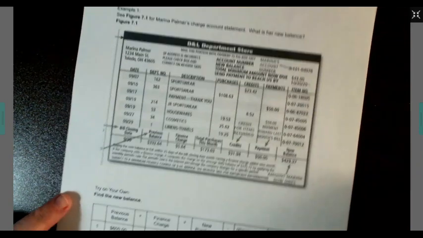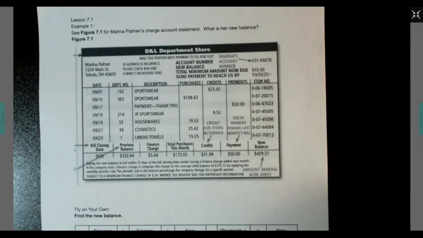Let's dive into today's lesson. See figure 7.1 for Marina Palmer's charge account statement. What is her new balance? Okay, so Marina has a credit card at D&L's department store. And let's talk about a few things that are on here.